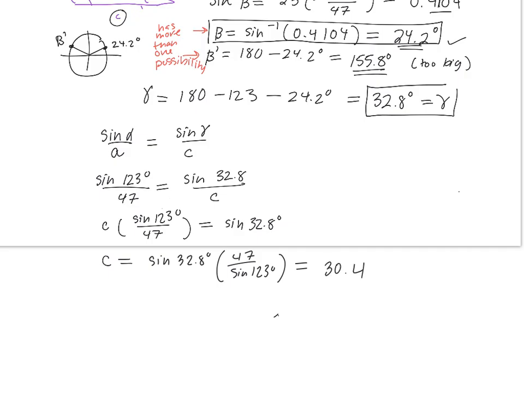And the units of the sides, they said they were in centimeters. So from here to here, I multiplied by C to get the C out of the denominator. Does that make sense?